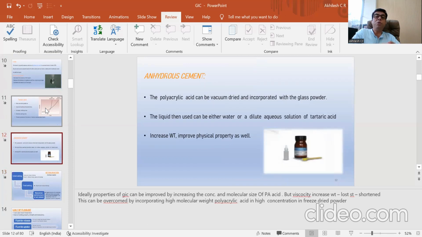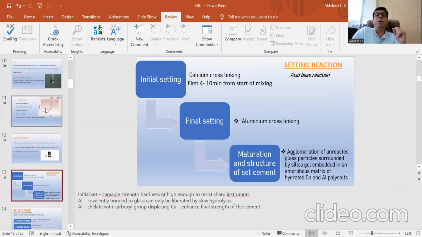So we use normal water, added to the powder, which is the polyacrylic acid and the glass powder together, and mix it as a cement. That is what is called anhydrous cement.